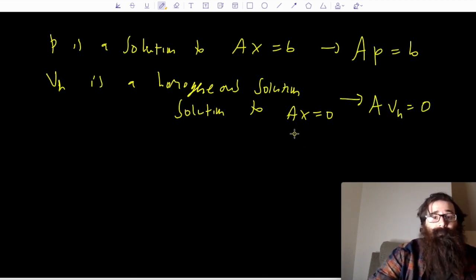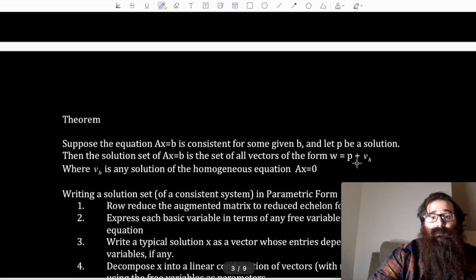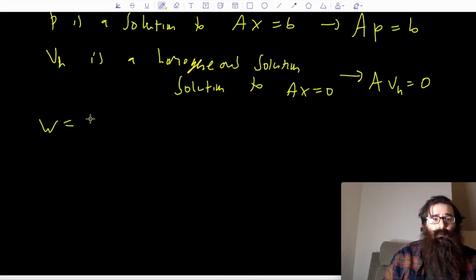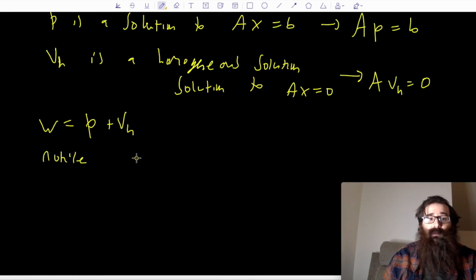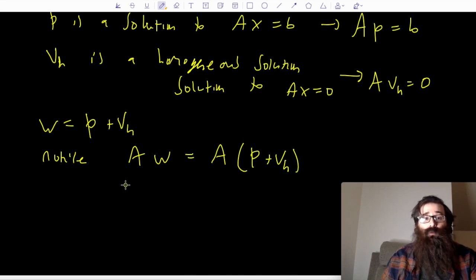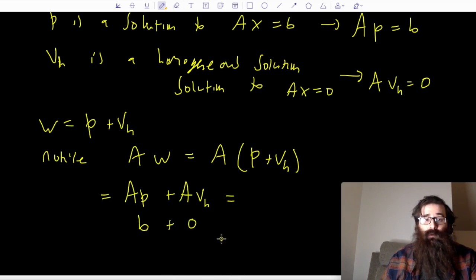Now I want to show that w, where w is p plus v sub h, is a solution as well. So w equals p plus v sub h. If I take a look at, notice, A times w is the same as A times, I can replace w with p plus v sub h. And I can distribute through, so this is A p plus A times v sub h. And this is equal to, well, A times p, I know this is b, plus A times v sub h, I know that's going to give me 0.